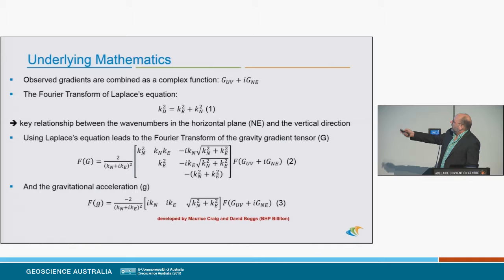We rely on Laplace's equation, and we end up for the gravity gradient with this equation here, which is that the Fourier transform of the gravity gradient tensor is this tensor multiplied by the Fourier transform of this complex function made from the two measured components. Quite similarly, for the gravitational acceleration vector, its Fourier transform, again there's a kernel function which is a vector multiplied by the same Fourier transform.